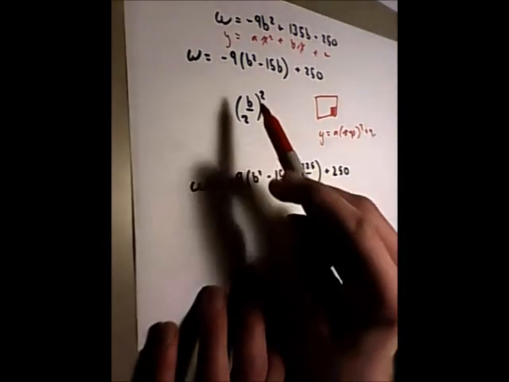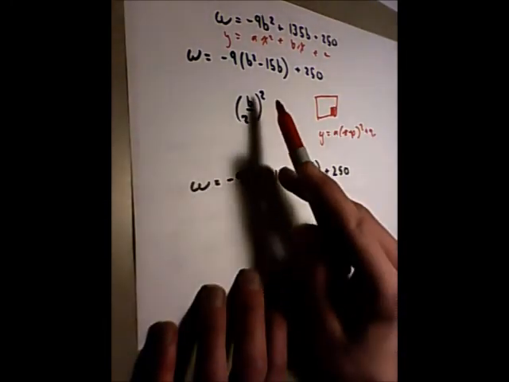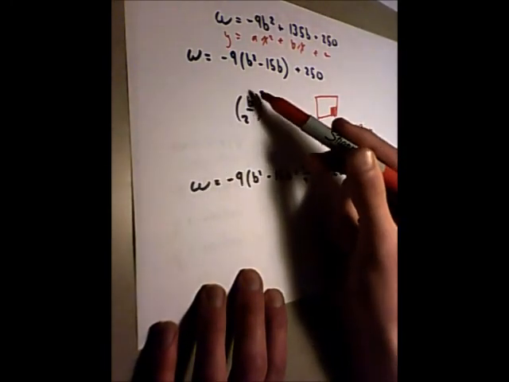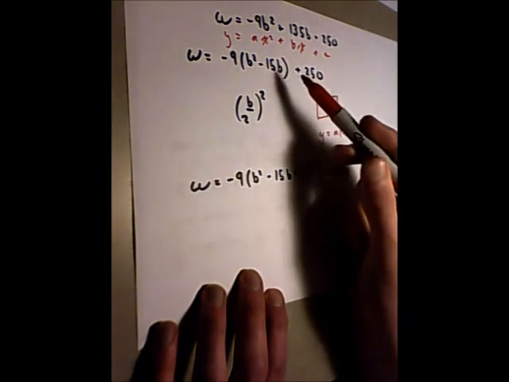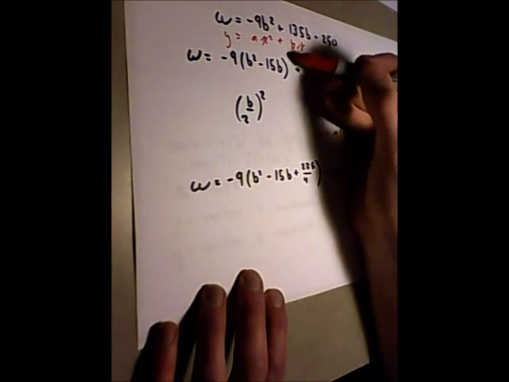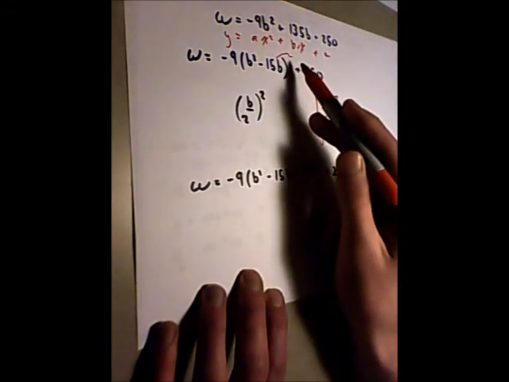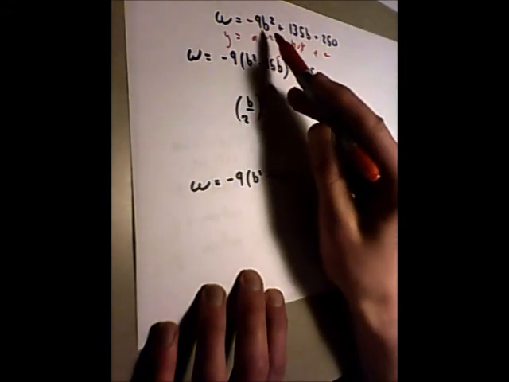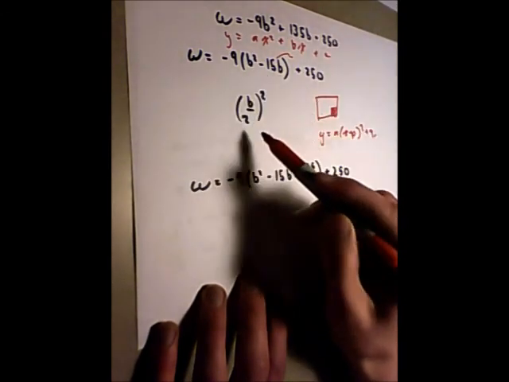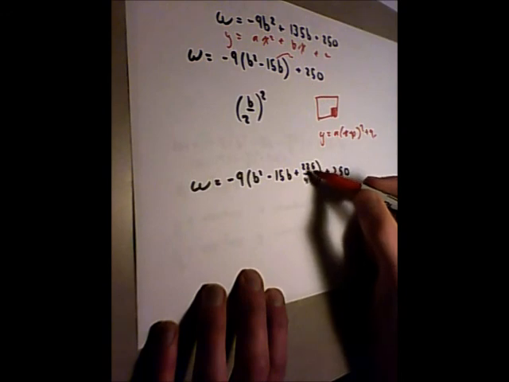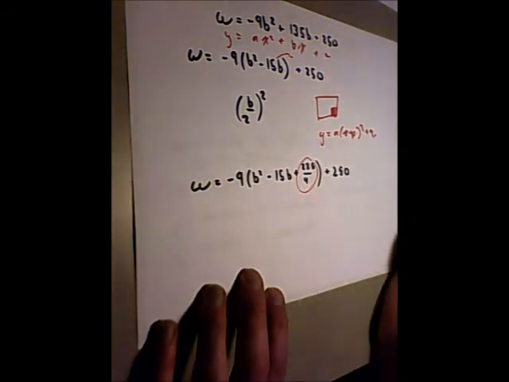Simple as that. So first of all, we're going to add a value in here which is equal to b divided by 2 squared. So 15 divided by 2, you can see the b is 15 there, and this is, of course, after pulling out a factor right here. So we're going to go 15 divided by 2 squared, which is equal to 225 over 4.